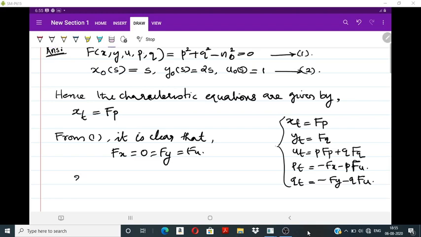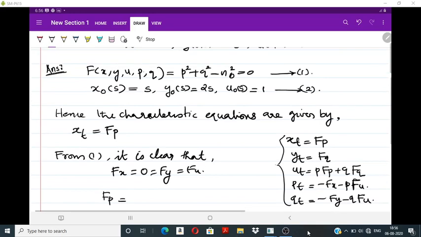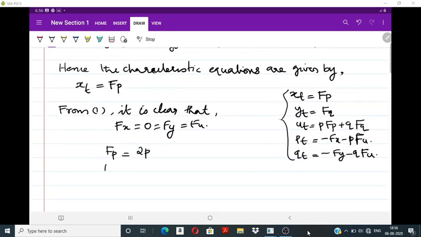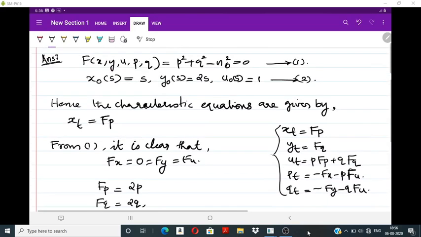So now we calculate f p. What is f p? f p is the derivative with respect to p. The equation is p square plus q square minus n naught square. So f p will be 2p, and f q is 2q, and all the remaining are equal to 0.